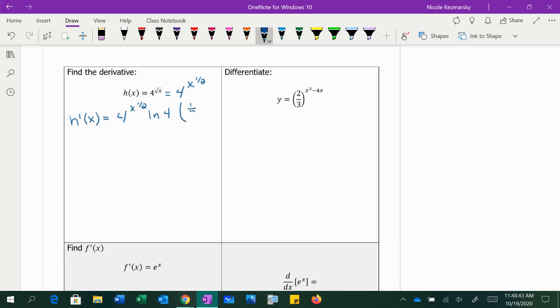So the 1/2 comes down in front. My exponent becomes a -1/2. And cleaning this up, I have to fix that negative exponent. So I'm going to leave the 4 to the x to the 1/2 up top. The natural log of 4 stays up top. The 2 and the x to the 1/2 go down in the bottom.